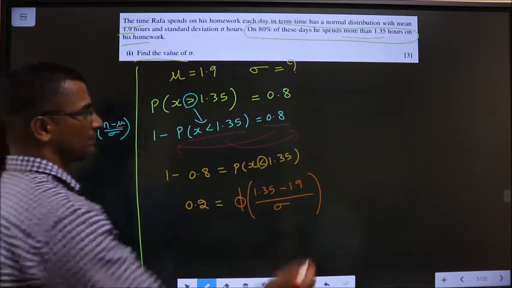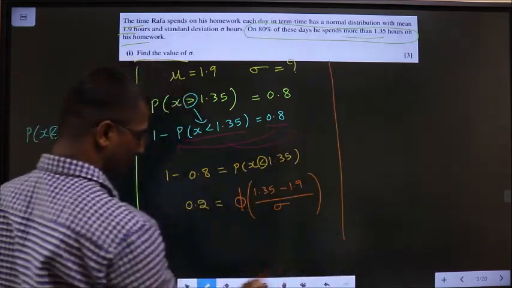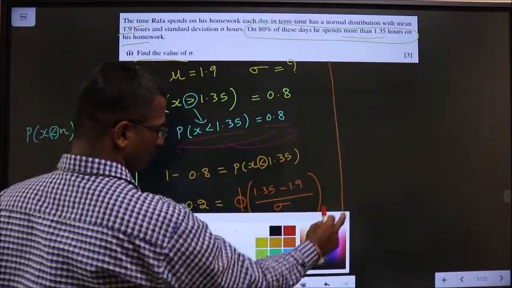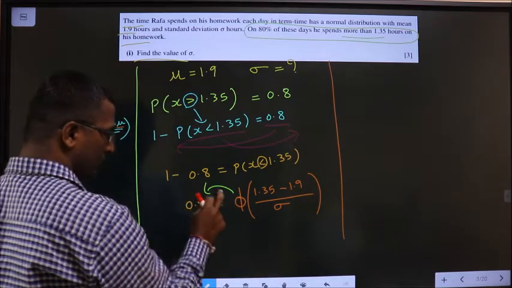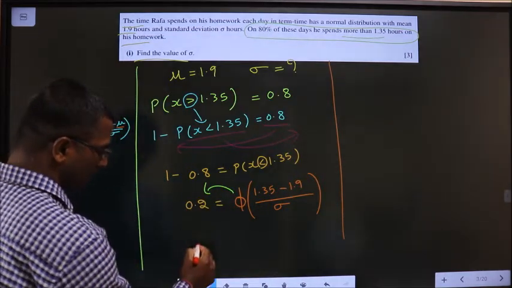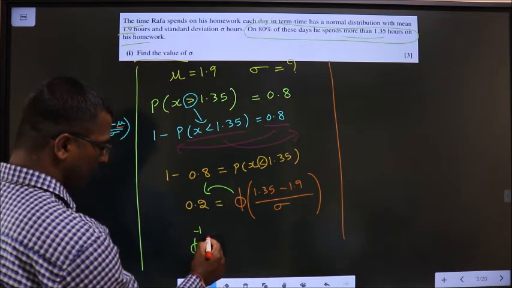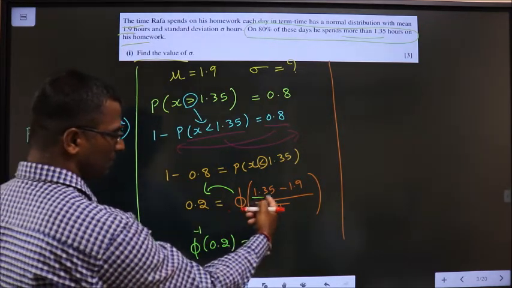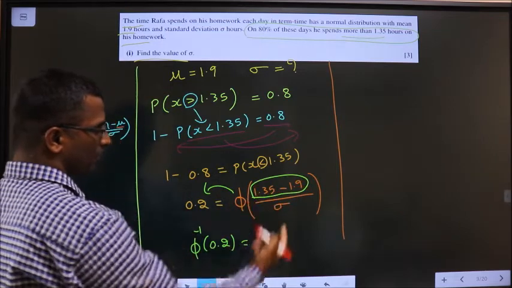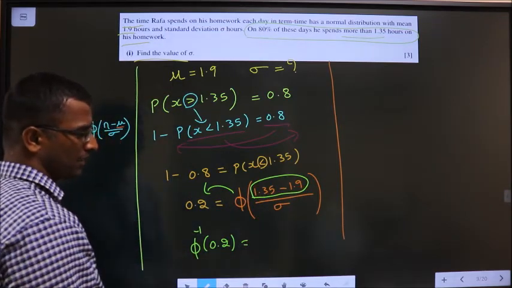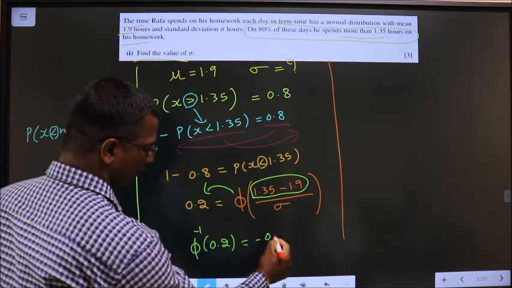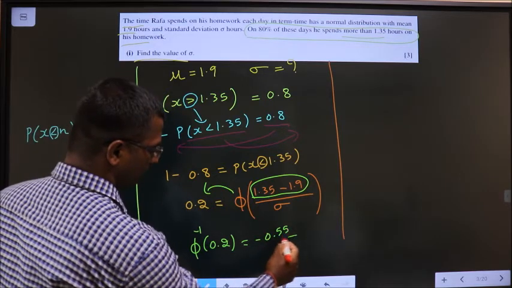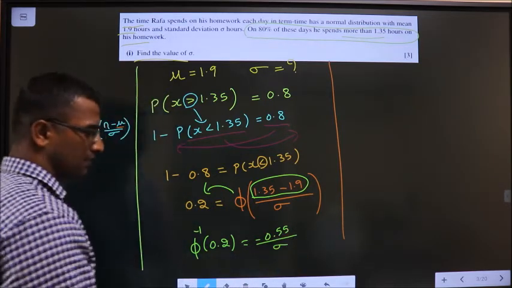Now, in simplifying step 1, we have to shift the phi to the other side. When I shift phi to the other side, I get phi inverse of 0.2, and on this side 1.35 minus 1.9 is minus 0.55 by standard deviation. Clear?